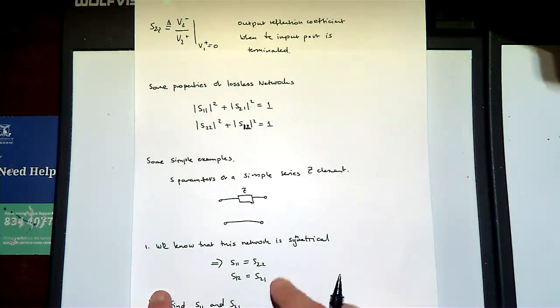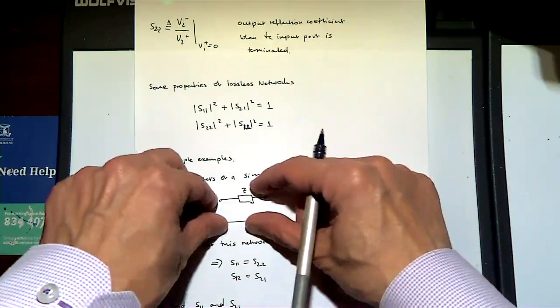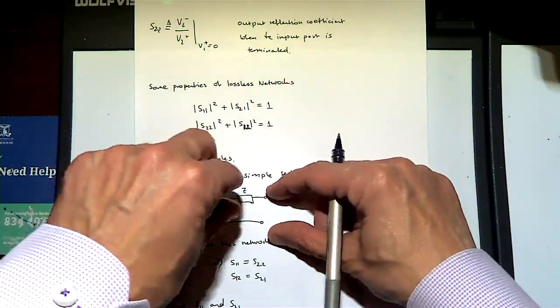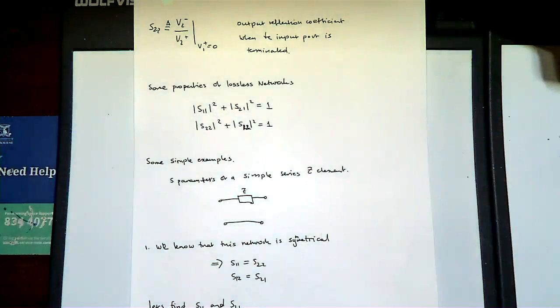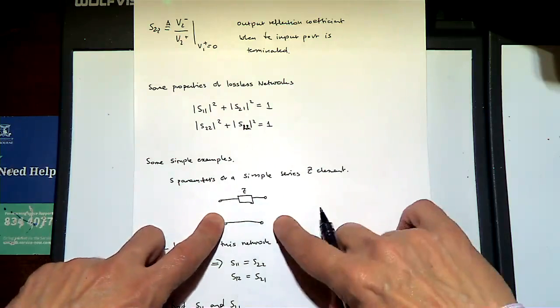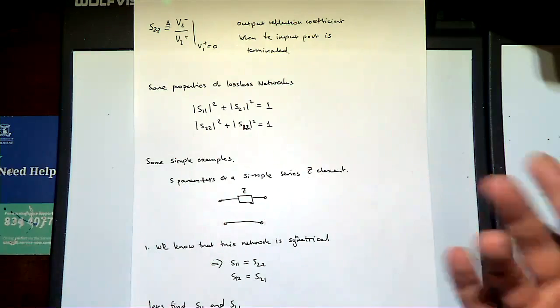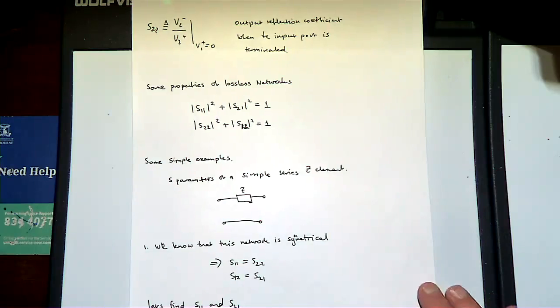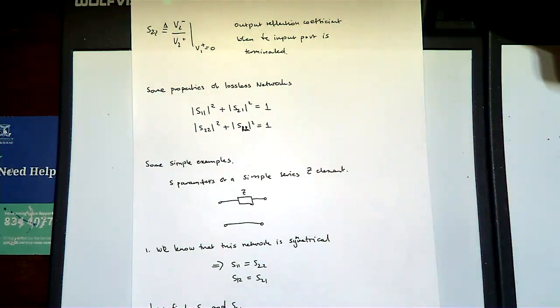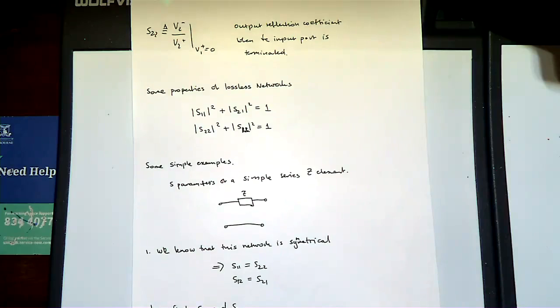It's a simple impedance. It doesn't matter which direction you excite in and measure. It's symmetrical. It doesn't matter if you define this as port 1 and measure at port 2, or if you excite at port 2 and measure at port 1. It's the same thing, right? It's a passive lossless network. Okay.